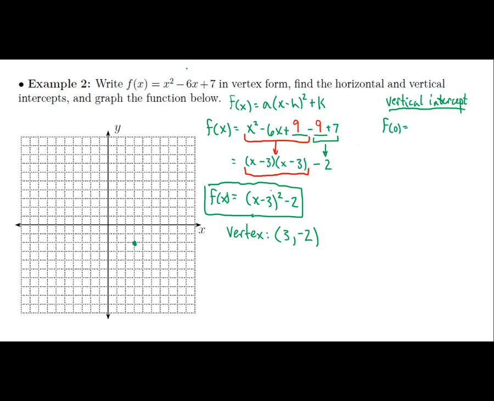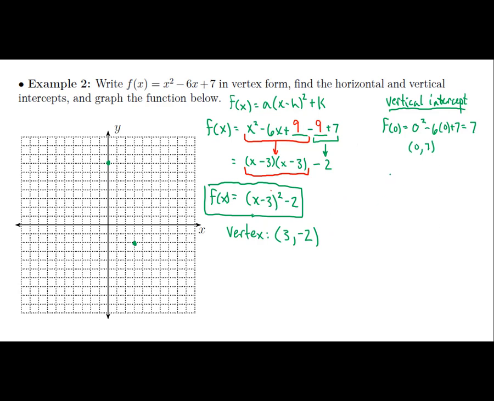And honestly, I think I'm going to go back to the original way I wrote the function here because that's really easy to see. You can see the answer is just going to be 7. So that constant that's all by itself. So the vertical intercept is (0, 7). All right, so we'll count our way up here to (0, 7). Okay.